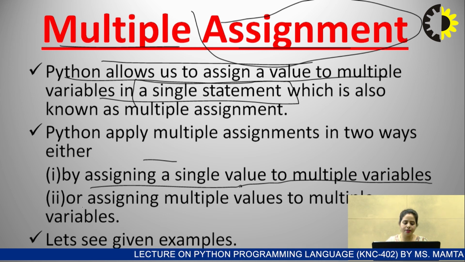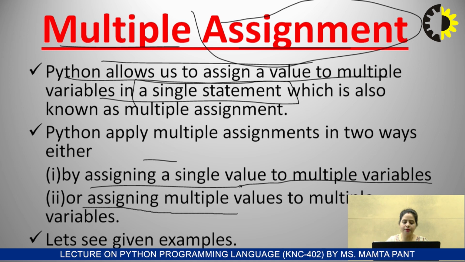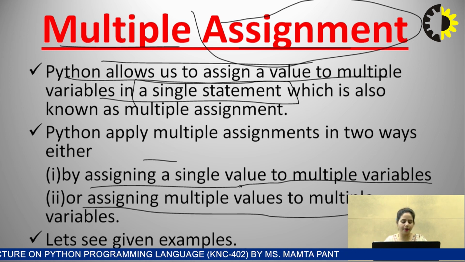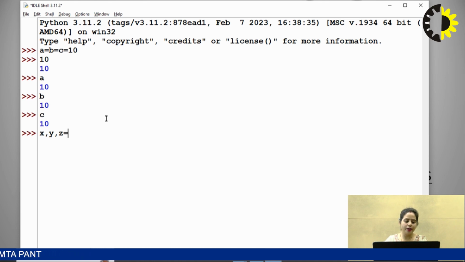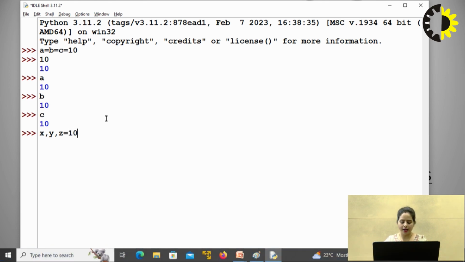The second version of multiple assignment is assigning multiple values to multiple variables. I can also do that. We have three variables x, comma, y, comma, z. I want the value of x to be 10, the value of y to be 11 and the value of z to be 12. I can do it in a single line.